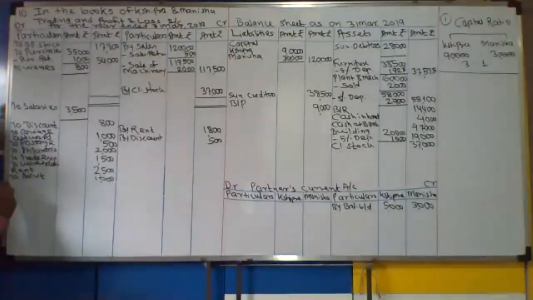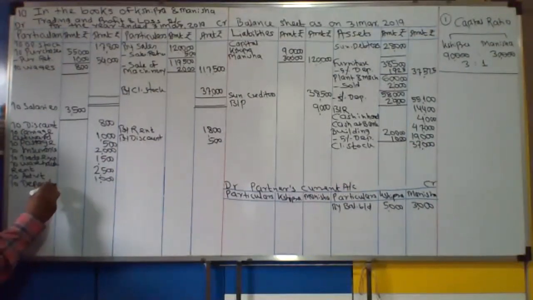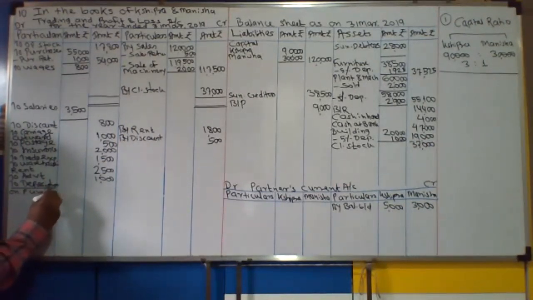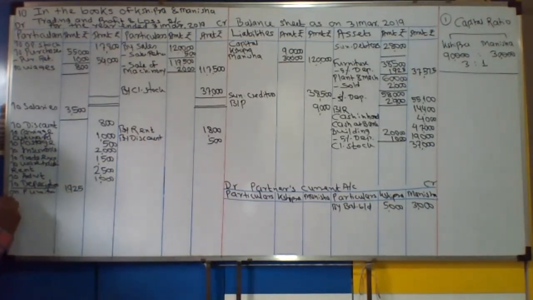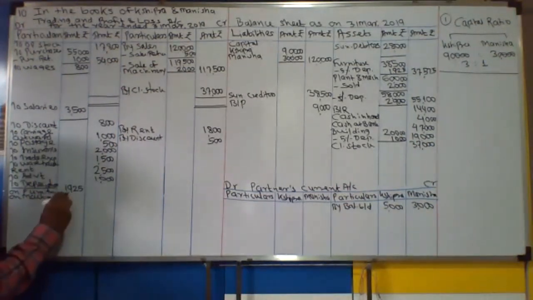Depreciation is charged on all fixed assets and to be recorded in profit and loss account. Debit depreciation on furniture 1,925, on machinery 2,900.